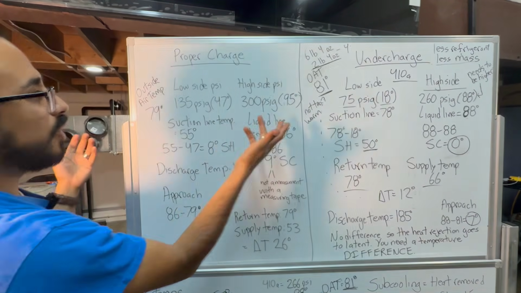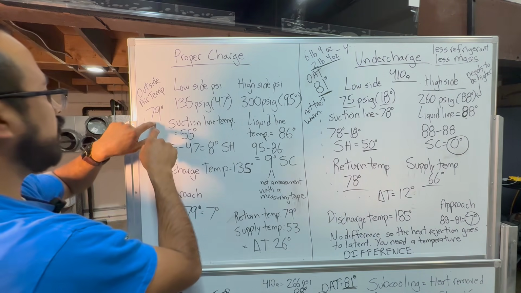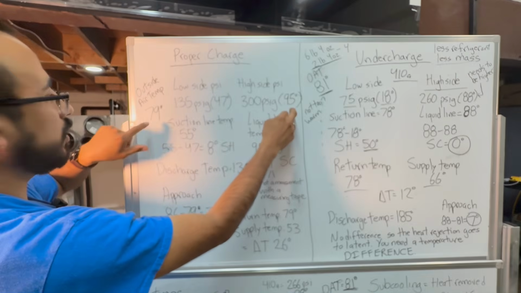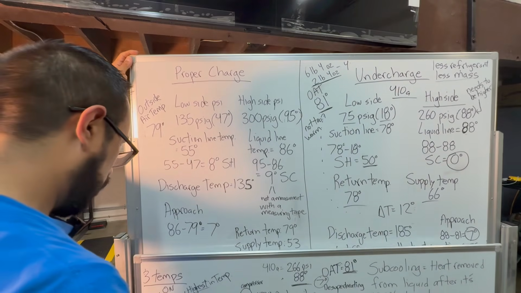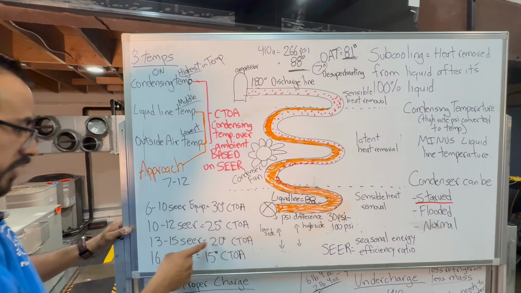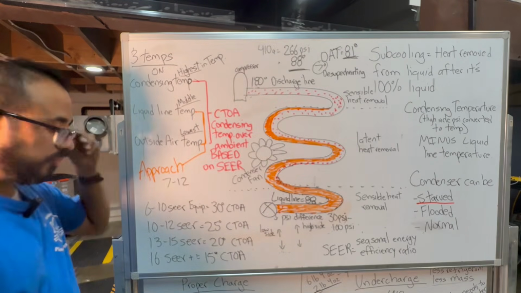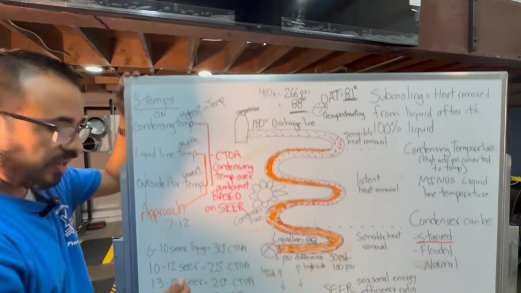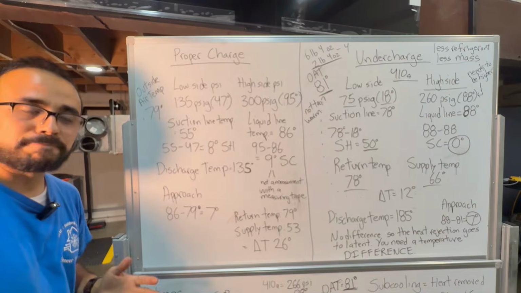But if I were to take a guess, I have a 15 degree, right? 95 minus 79, it's what, 16 degrees? So according to this, the SEER 13 to 15 is 20. A higher SEER, it's about 15. So I'm assuming that system was a SEER of 16 because I had a 15-degree condensing temperature over ambient.